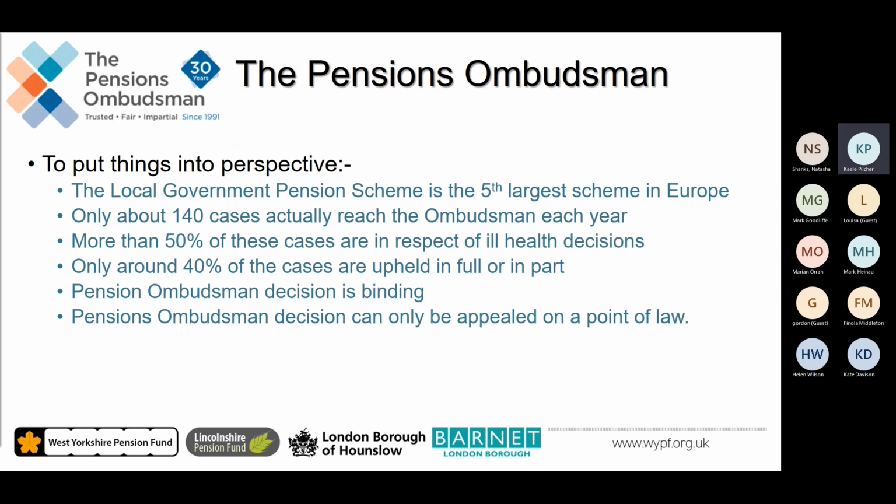And more than 50% of those cases are in respect of ill health decisions. And only about 40% of the cases are upheld either in full or in part. So if you get as far as the ombudsman, providing everything has been done correctly beforehand, it'll probably get dismissed early on.